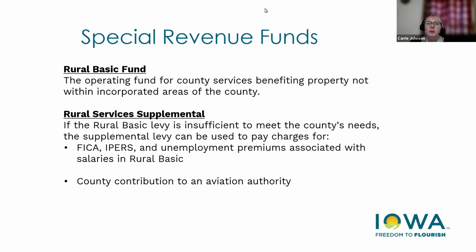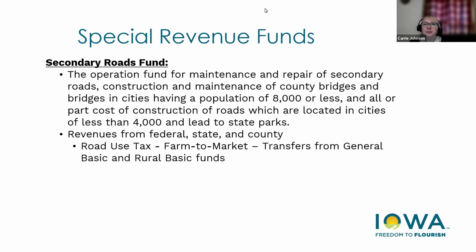If your rural basic levy is insufficient, you can additionally use the rural supplemental for certain things like FICA, IPERS, and unemployment premiums associated with those folks that are paid out of the rural basic fund. A narrow option for the rural services supplemental is if the county contributes to an aviation authority.